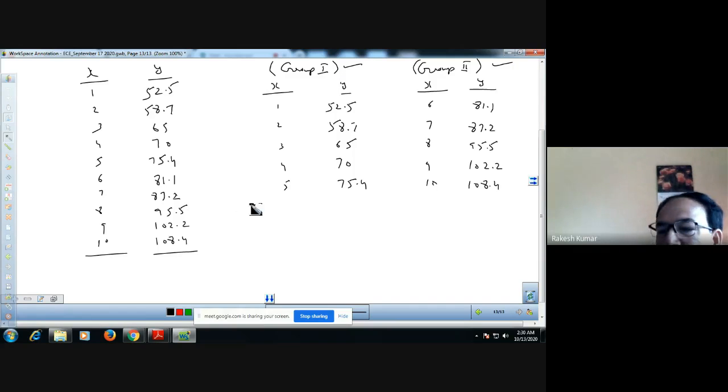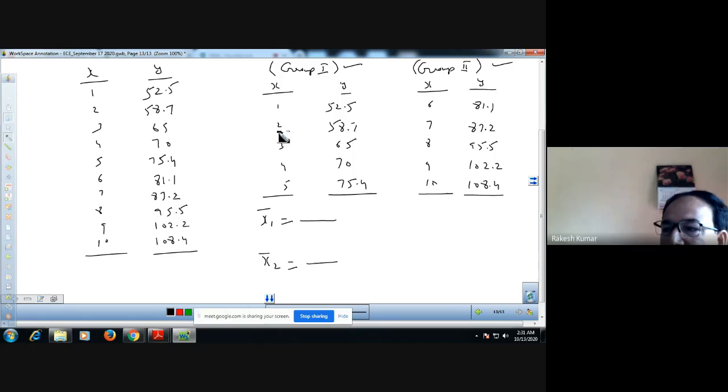So now let us find the averages, and the averages will be x1 bar, which will be of the first group, and similarly x2 bar will be of the second group. The total of x1, this will come out to be x1 bar: 3 and 3, 6, 12, 15. 15 upon 5 comes out to be 3, and 40 upon 8 comes out to be 5.